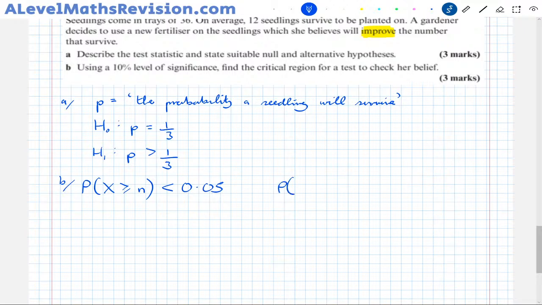So we want the probability that x is less than or equal to n minus 1 to be greater than 0.95.